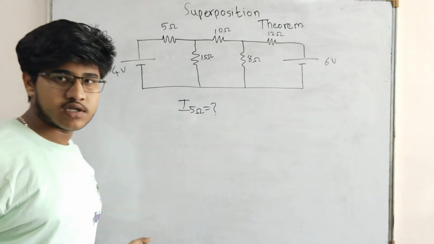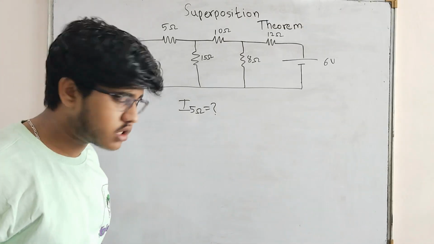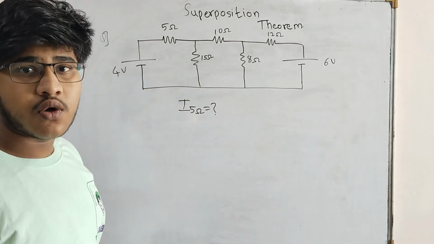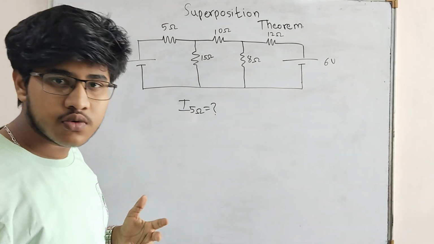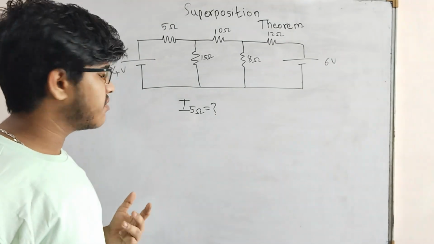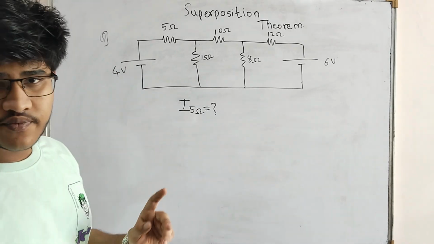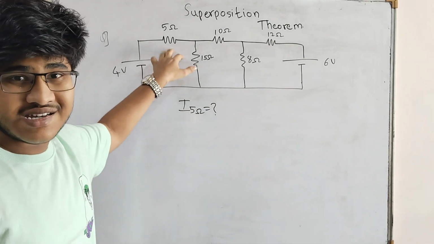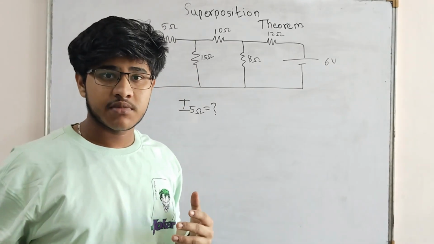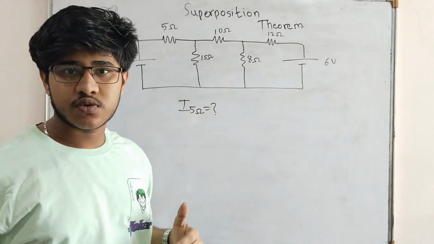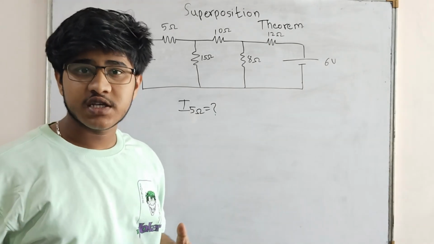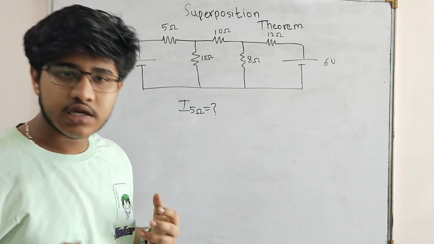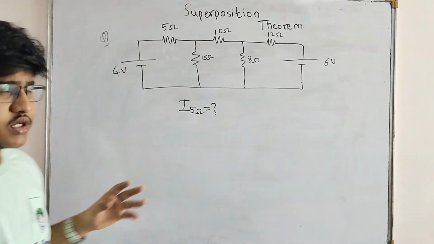As we had discussed, we need to short all the EMF sources, and keep only one in a circuit and check the current flowing through this branch, and then we will get some cases depending on number of sources, and then with the algebraic sum of all the results we will get our resultant current. Okay, so this is our question diagram.